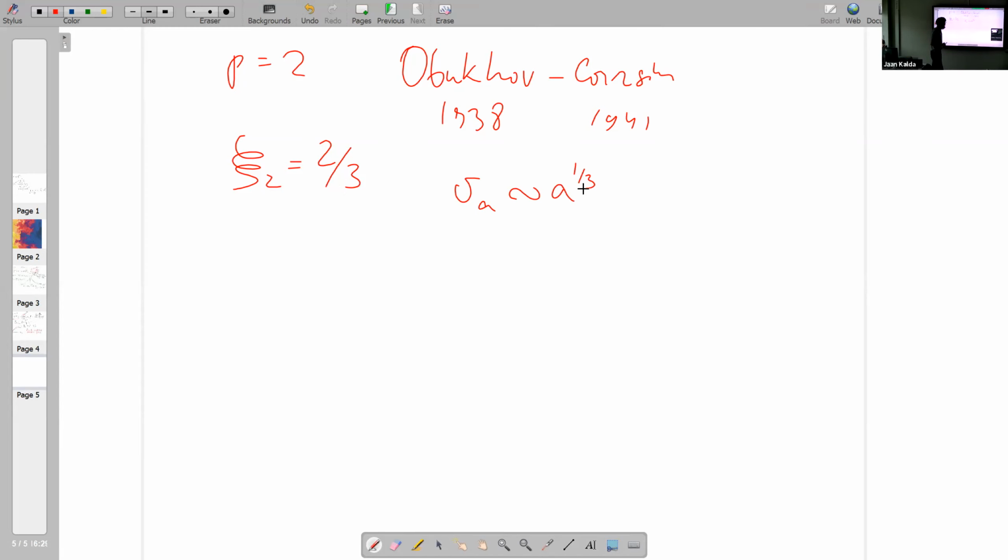Now, if we have passive scalars in turbulence, then we have a certain characteristic scale, like the tracer variation.